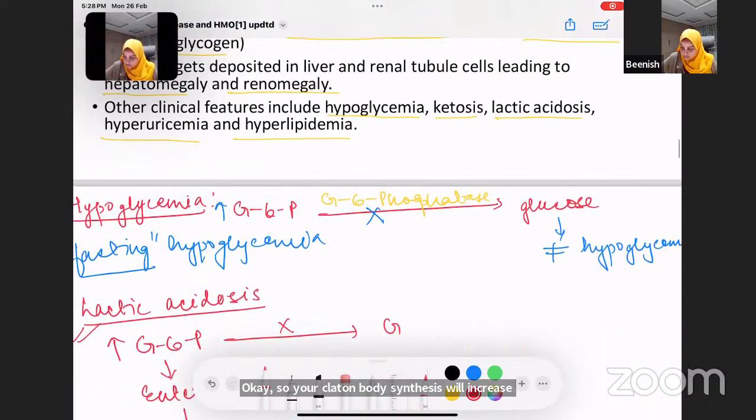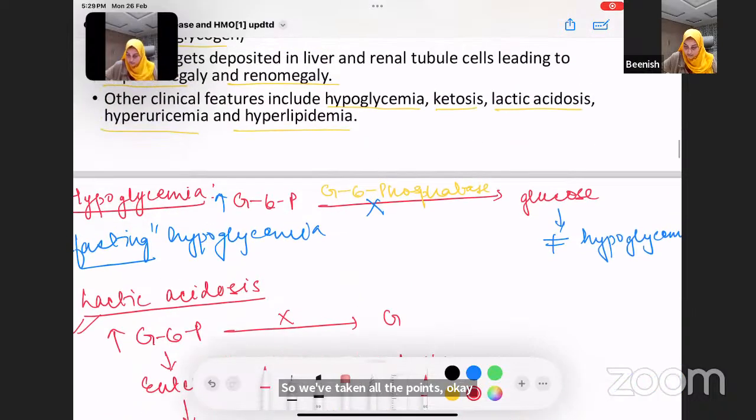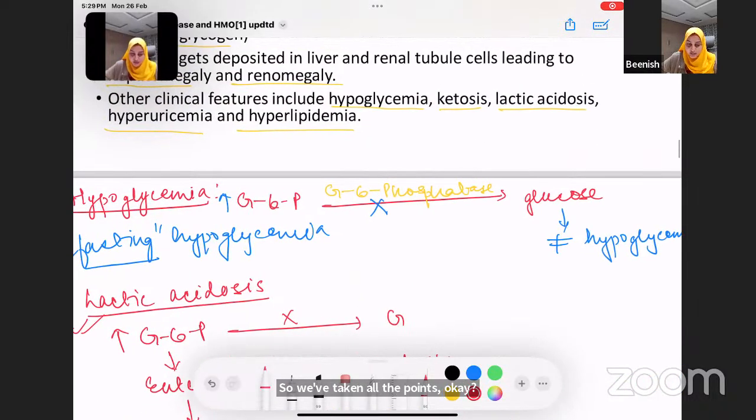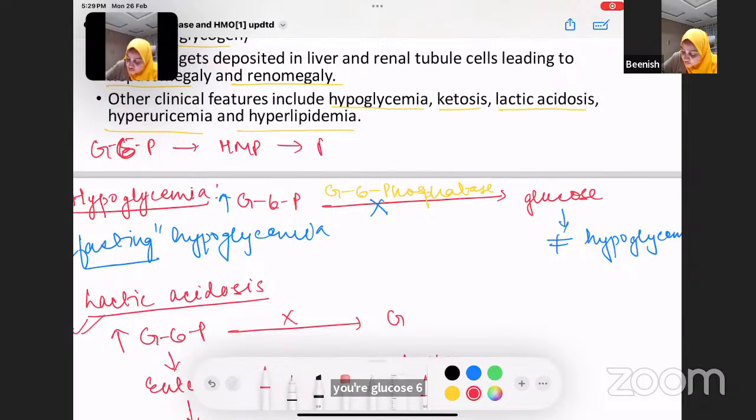So we've taken all the points. Any left? Okay, hyperuricemia is still left. We'll just study it in HMP shunt right now: glucose 6 phosphate can also enter into the HMP shunt, and the HMP shunt forms pentoses.